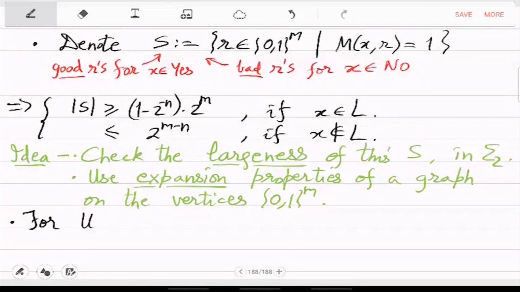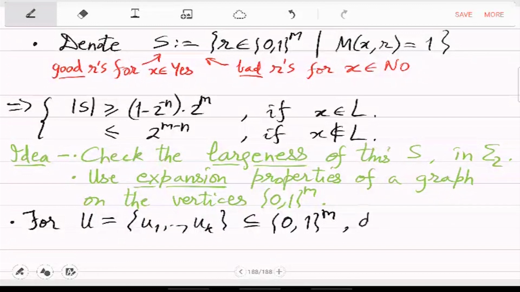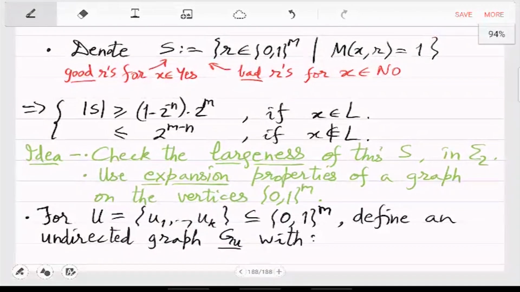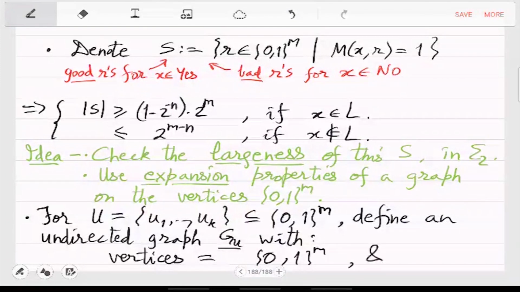So for U, k vertices, define this graph GU with vertices, as I said, 0 1 to the m, and edges.